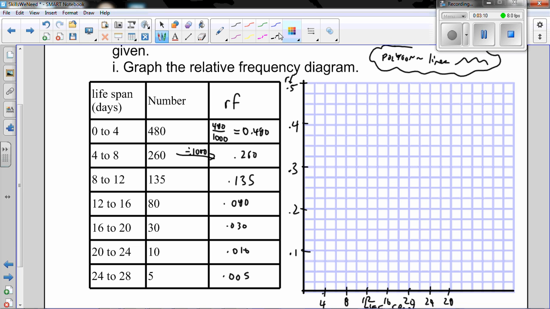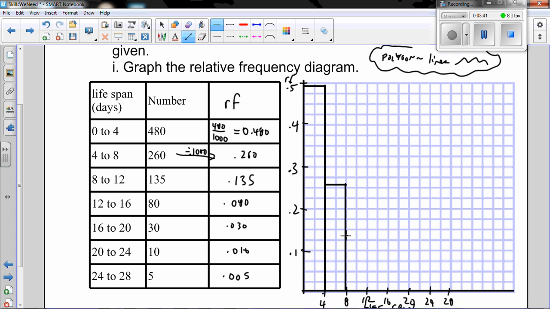All right, so let me build this. Use a ruler, of course. So 0 to 4, and here is 0.48, which would be up here somewhere. There we go. Maybe color that in later, eh? That'll look great. There's 0.26 around there. Don't have to be perfect, right?